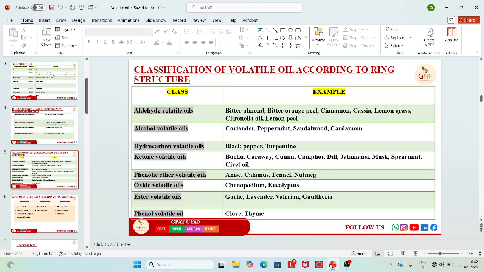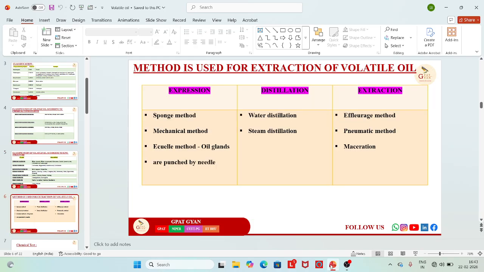The examples are quite similar to the previous one because the drugs are the same, just classified in different classes according to key points like the ring structure or the principal constituents. The bases are different, but the drugs are the same.